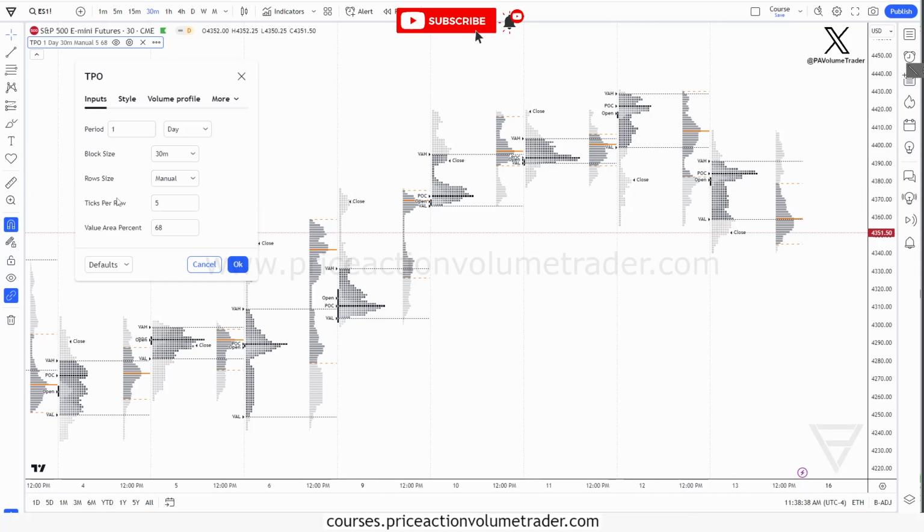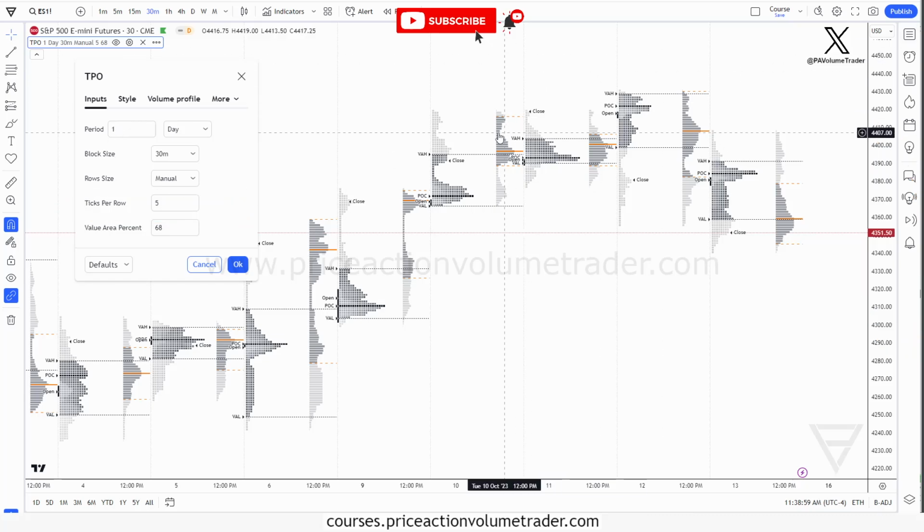Because remember, the ticks are basically the smallest unit of measurement that the price moves in. So if we're talking about the S&P 500 futures, every tick is 0.25 points. Okay, so this is all based on the price scale of the market you're using.